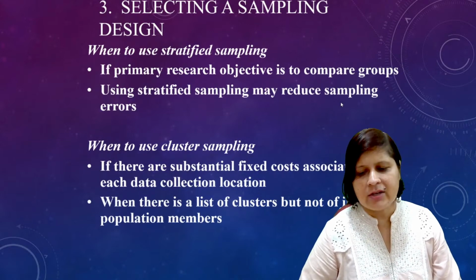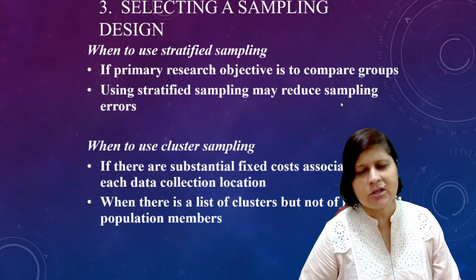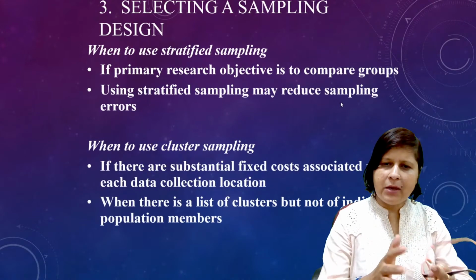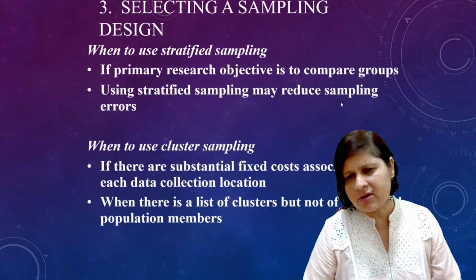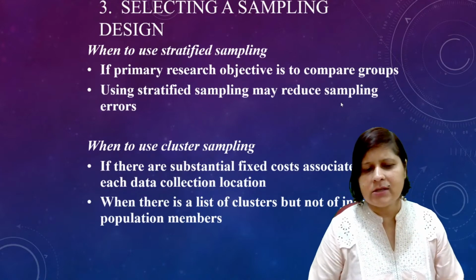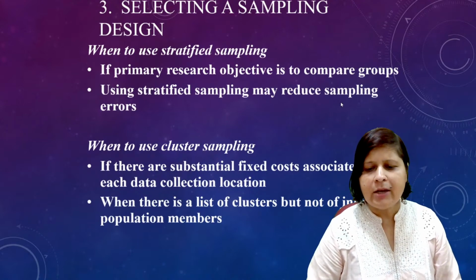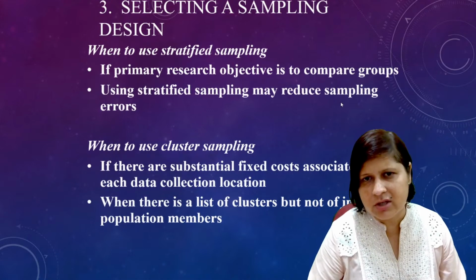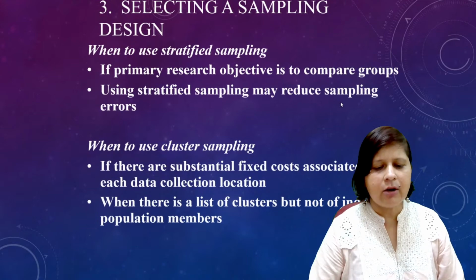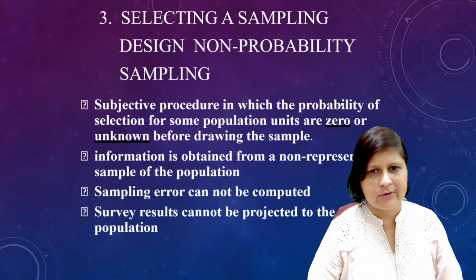When there is a list of clusters but not of individual population members, then one should go with cluster sampling. You should go for cluster sampling when there is a fixed cost associated with each sample, and when the list of clusters is available but the list of individual population members is not available, right?